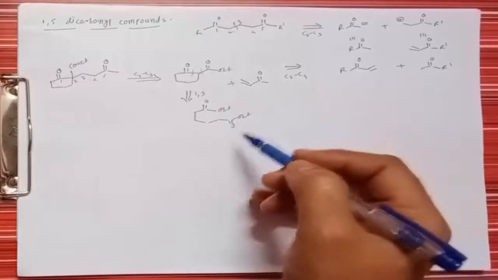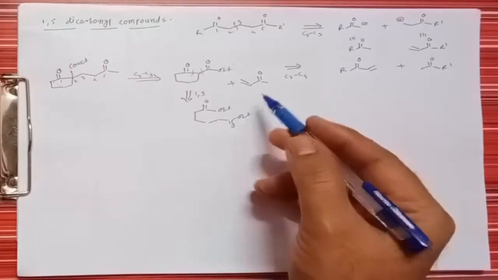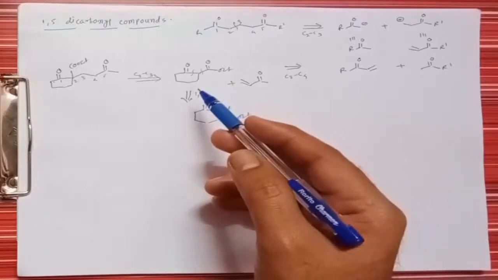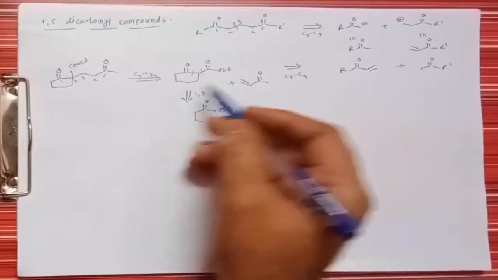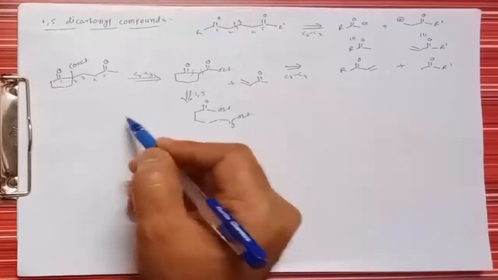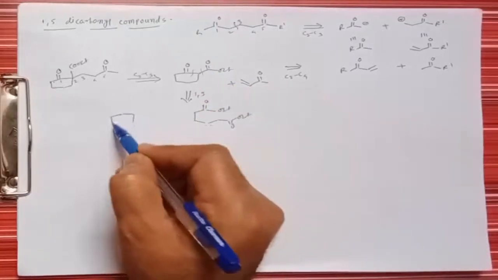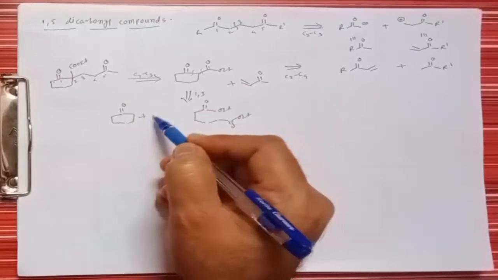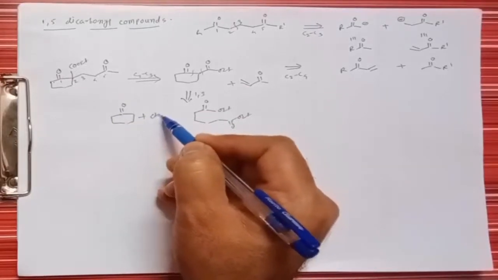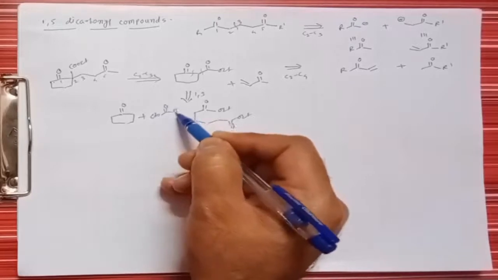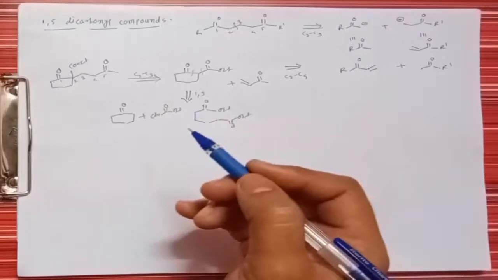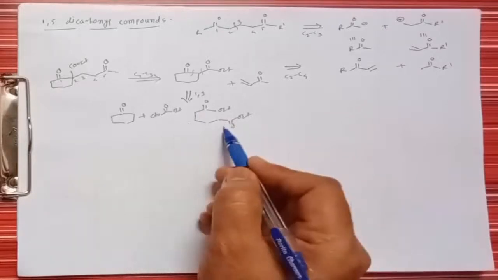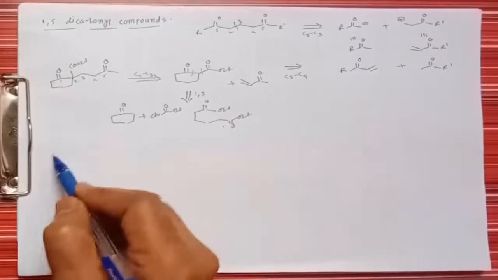This is an ester, and when this ester is treated with base, it gives a cyclization, that means a Dieckmann cyclization. Or if we go for the other route and break this molecule at this position, from one side it gives a cyclohexanone, along with diethyl carbonate or ethyl formate. For the synthesis, you can take either this Dieckmann cyclization or this.